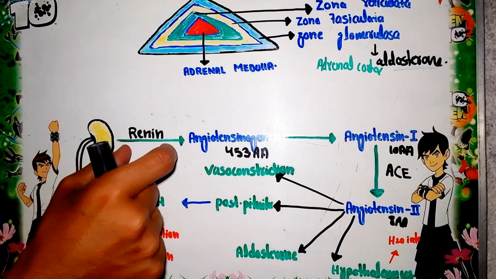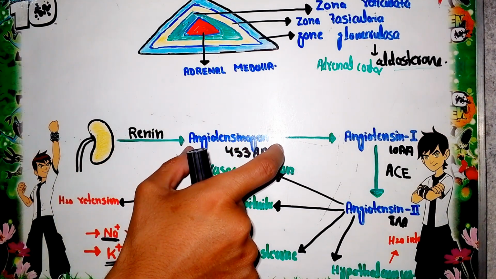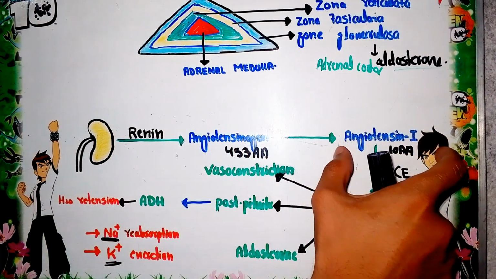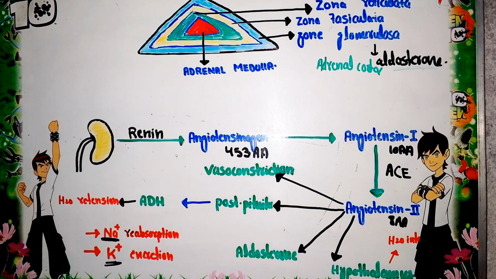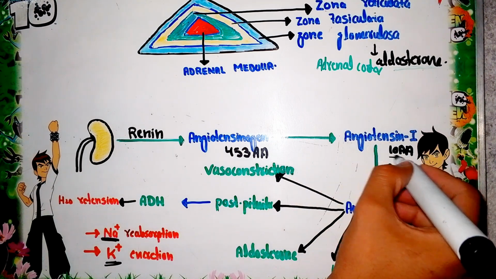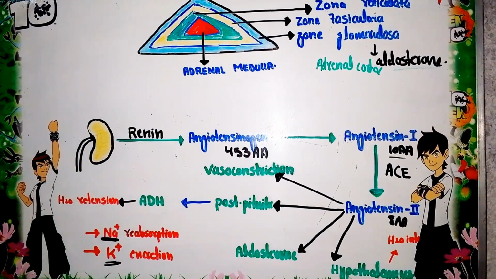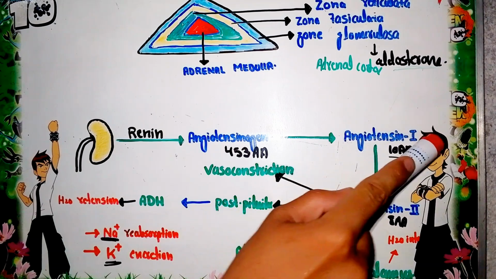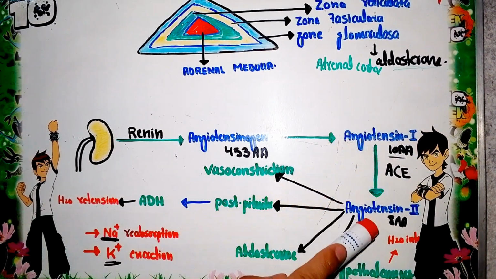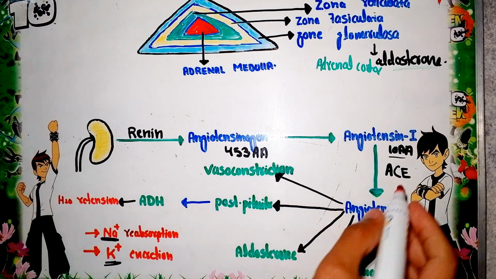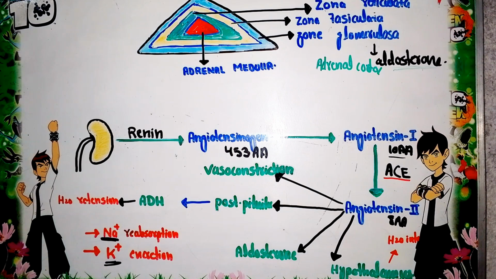When renin acts on angiotensinogen, it converts it into angiotensin 1, which is a peptide composed of 10 amino acids. Then another enzyme acts on angiotensin 1 and converts it into angiotensin 2. This enzyme, secreted from the lungs, is called angiotensin converting enzyme.